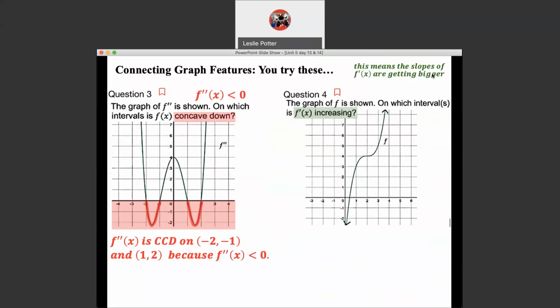If the first derivative is increasing, that means we have the first derivative values getting bigger. And so that means that the second derivative, or the slopes of the first derivative, are positive. Well, where the second derivative is positive, that means the actual function is concave up.